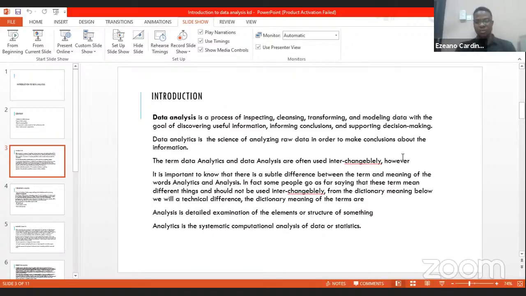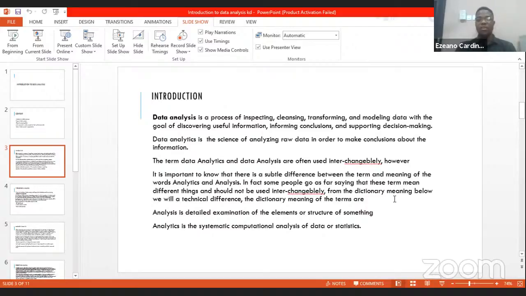But it is important to know that there is a subtle difference between the terms and meaning of the words analytics and analysis. In fact, some people go as far as saying that these terms mean different things and should not be used interchangeably. Well, I looked into the dictionary to find out what data analysis and data analytics mean.